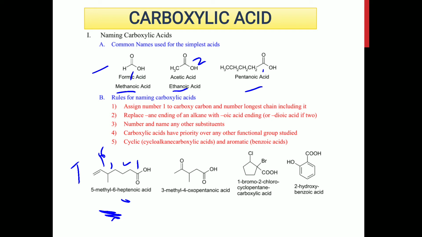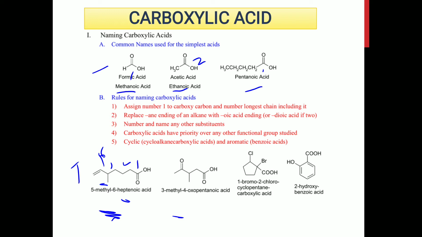And if you look here, there is one substituent, a methyl group, at the 5th position. So the name for this structure is 5-methyl 6-heptenoic acid, right?